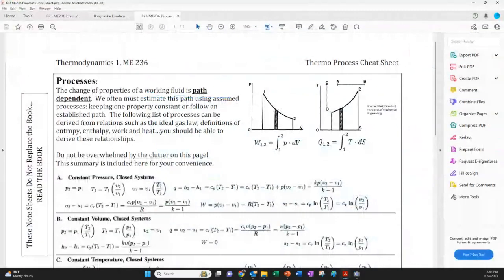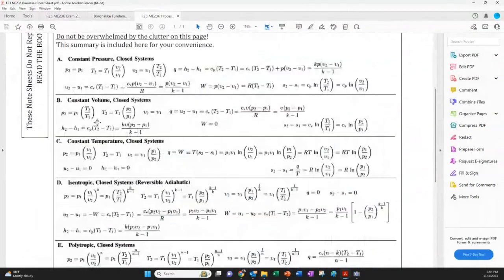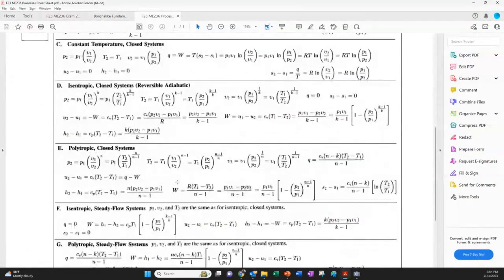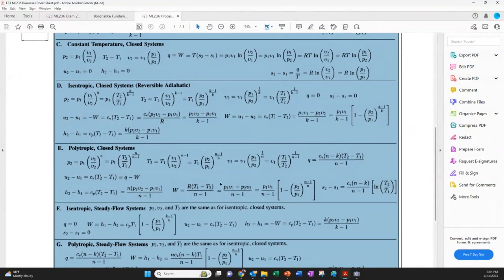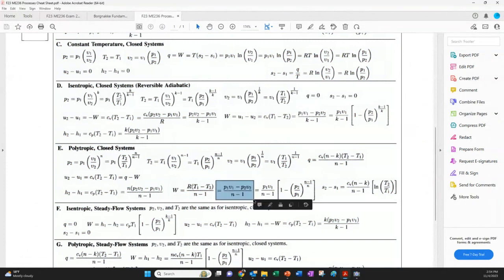But let's see, if we wanted to use the real one, the polytropic for a closed system, here is one way to do it right here. Oh, we actually did cover this at one point right there, right? So we didn't have to do that integral.